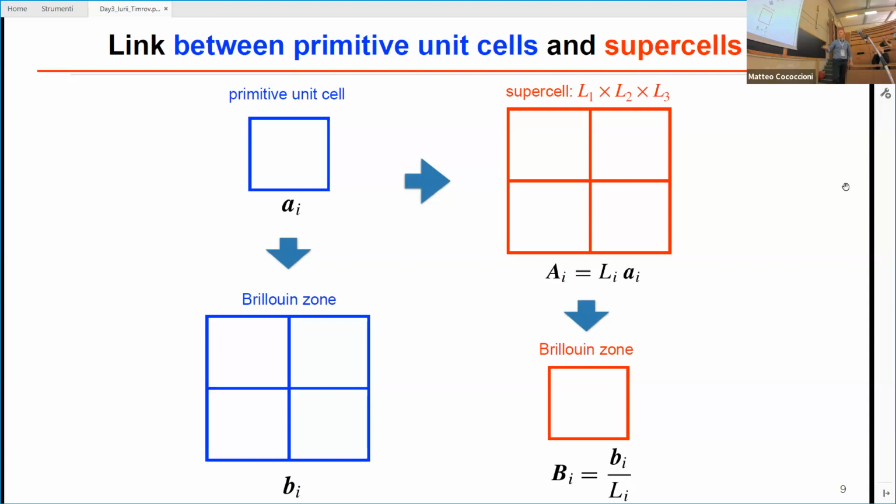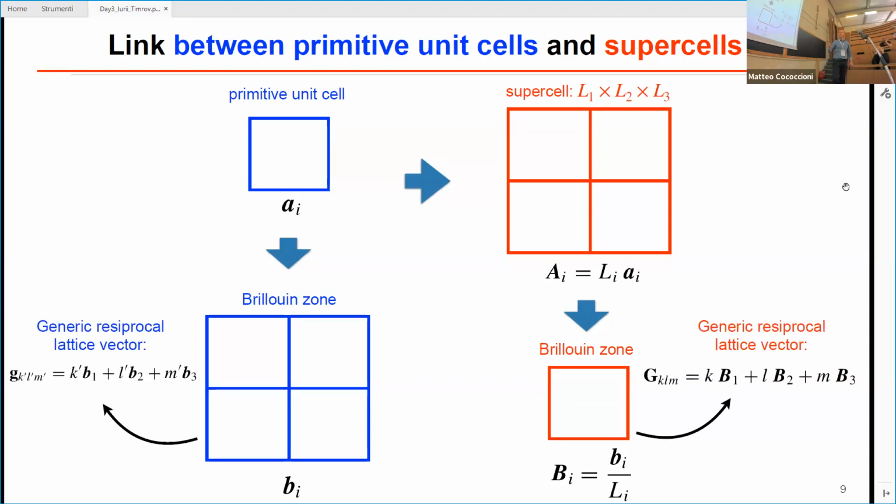And this is L times smaller than small b. And then we can also define generic reciprocal lattice vectors like small g and capital G. And this small g is defined in terms of b1, b2, b3, where k prime, l prime, m prime are integer numbers. And same for capital G, it can be defined in terms of B1, B2, B3.